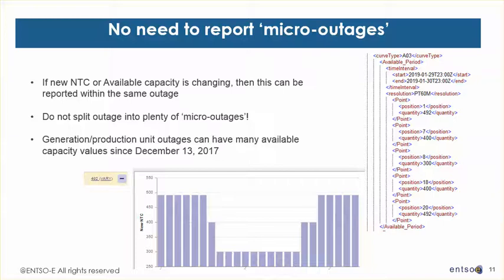A big efficiency is that instead of sending these micro outages, 60, 50, or 70, or a few hundreds of these split outages, all can be described in one record, in one outage. And this is extremely important not only for us, but also for all end users, and also ACER, and also the Commission.